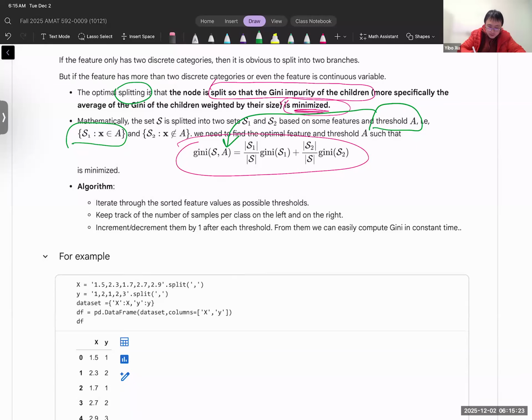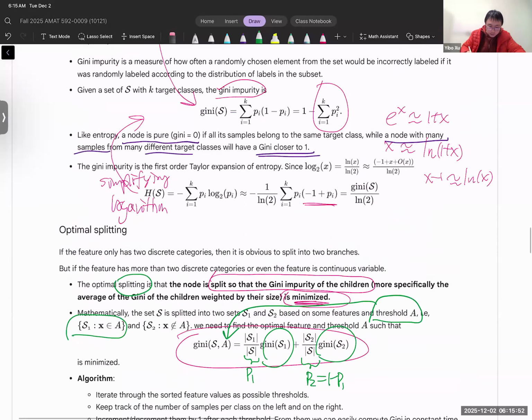This is the population, and this is again the population, which is 1 minus p1. So we have the separation S1 and S2, and for each set, we look at the Gini impurity quantity that's calculated from above.